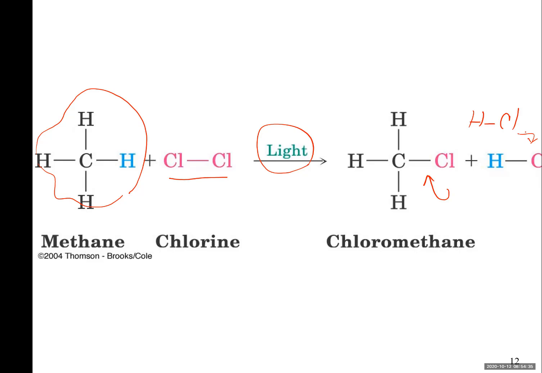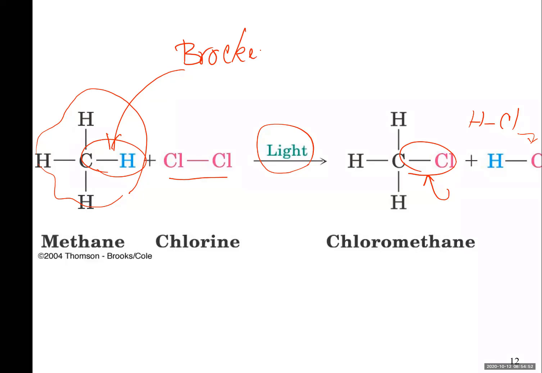So look at the left, compare it to the right. Do you see that this bond is not here? So can I say one of the bonds which is broken for this reaction to go, there should be bond breakage between carbon and hydrogen that consumes energy. Do you also see the bond between chlorine and chlorine is not on the right-hand side?